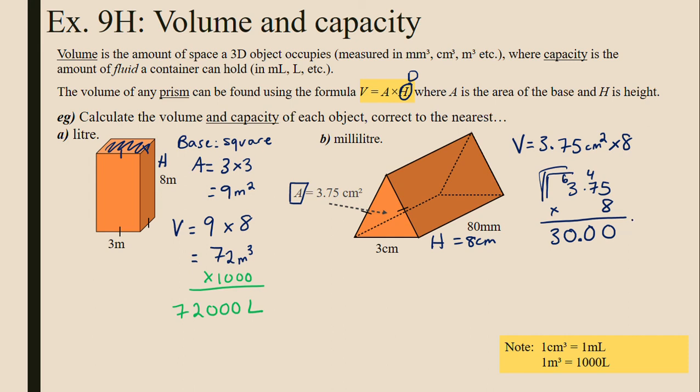Okay, so our volume is going to be 30 centimeters cubed, which in milliliters, to answer the question completely, 1 centimeter cubed equals 1 milliliter, so we'd multiply by 1 to give us 30 milliliters. So it's actually quite a small triangular prism.